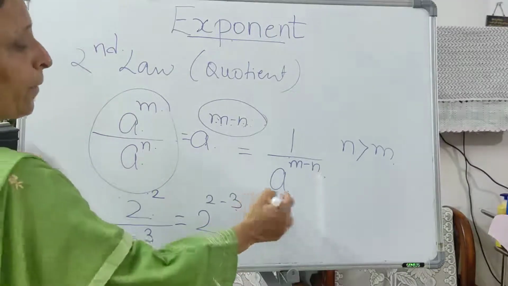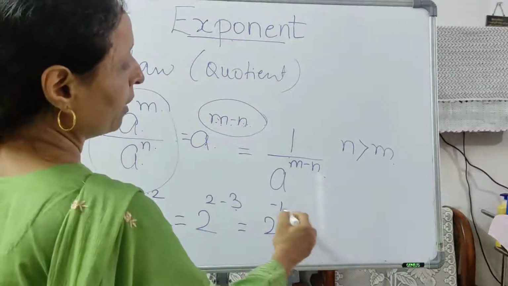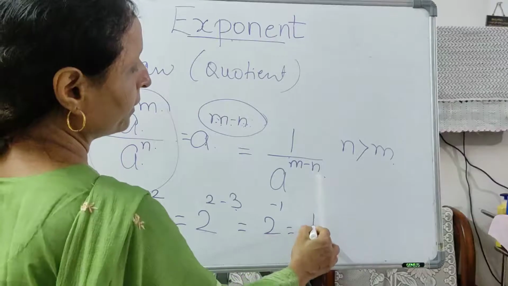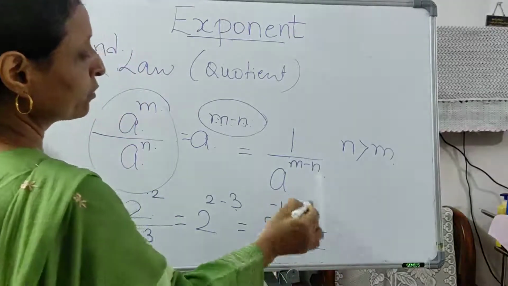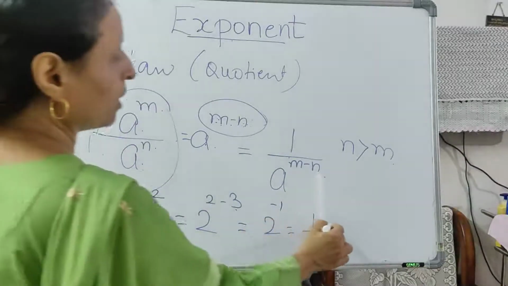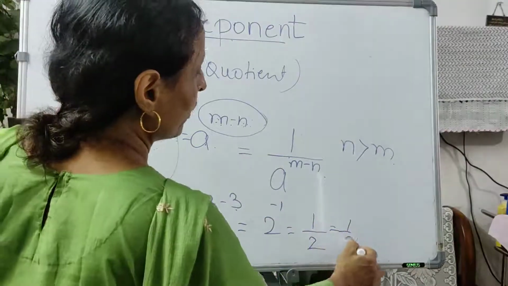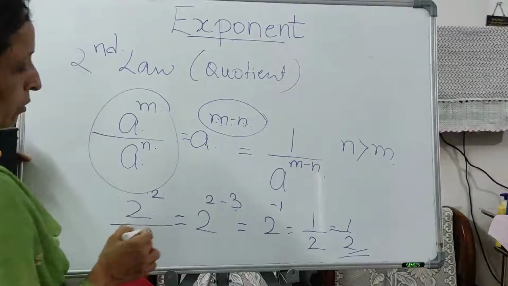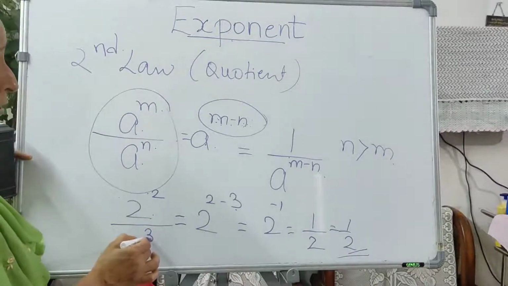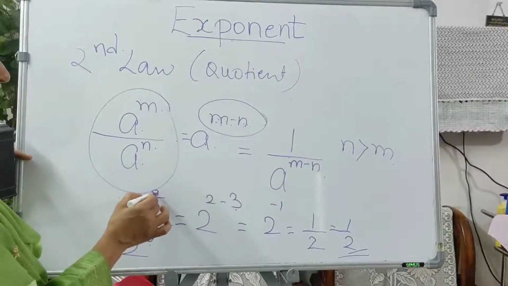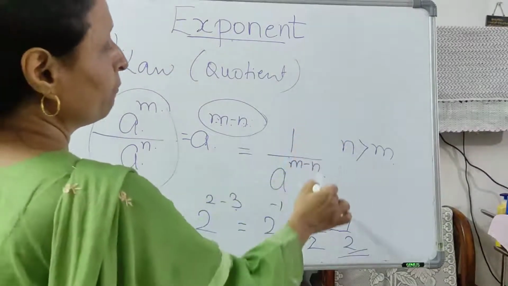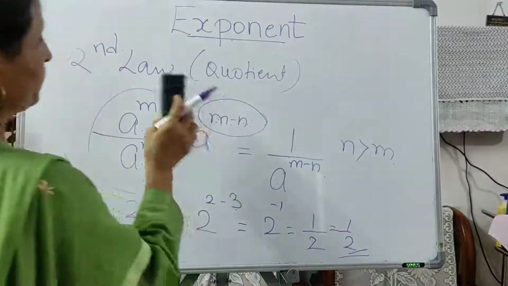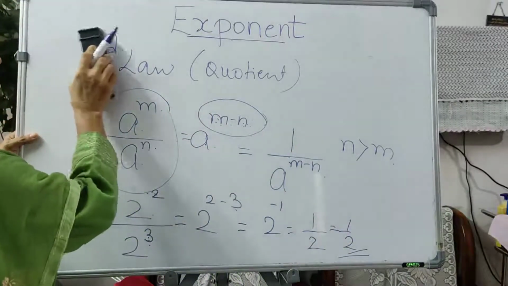So the answer I get here is 1 upon 2, because it is 2 raised to minus 1. Why? Because the lower exponent is bigger than the upper one. So this is the way it has to be solved. The negative will go down. So this is the second law.